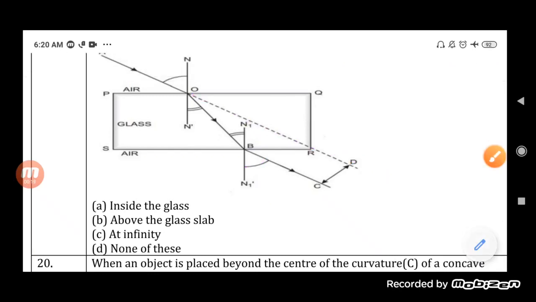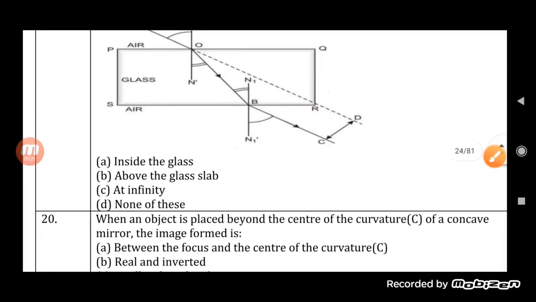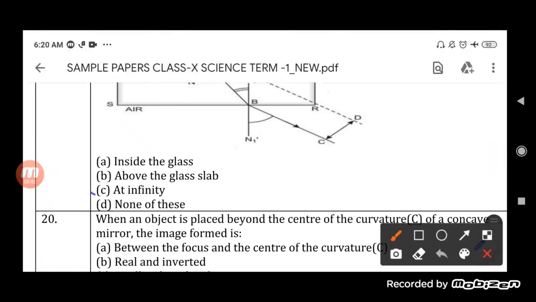So by this we can say that the incident ray and the emergent ray, since they are parallel to each other, and we know that any two lines which are parallel to each other will meet at infinity. So according to that, they will meet at infinity. So the correct option will be at infinity. Okay.